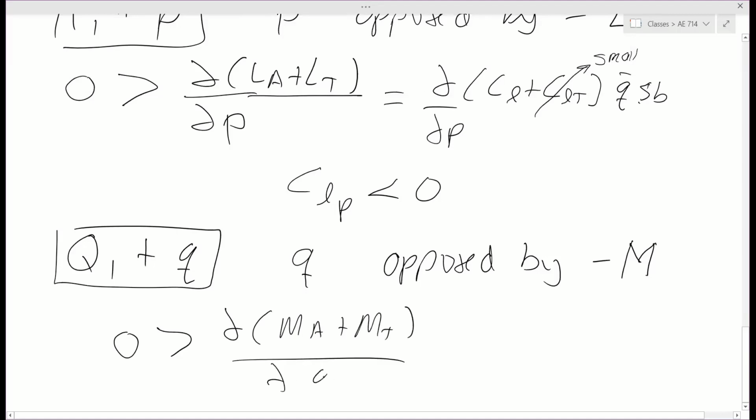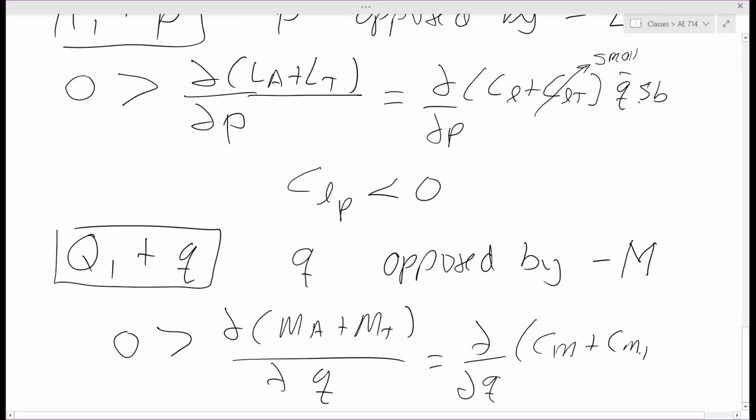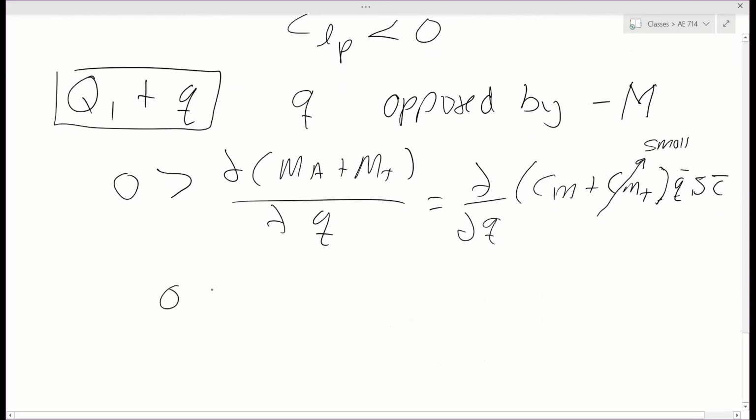Total pitching moment, how it changes with pitch rate, turn it into a coefficient. And we'll say that there's not a whole lot of pitching moment due to the thrust. At least it doesn't change much with pitch rate. And so you get that CMQ has to be negative.